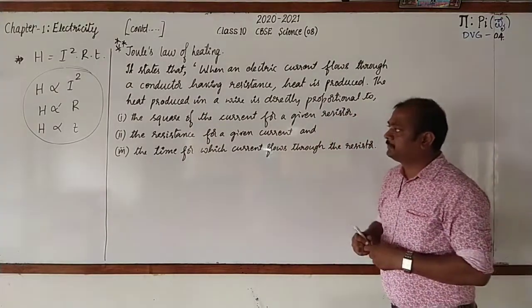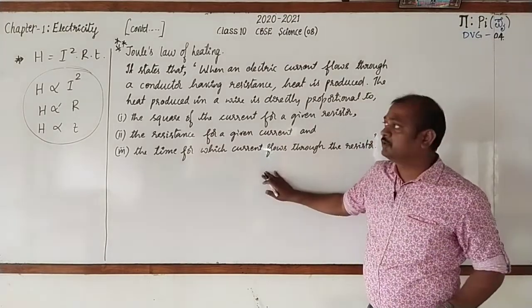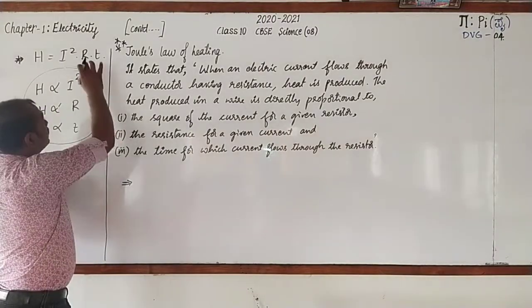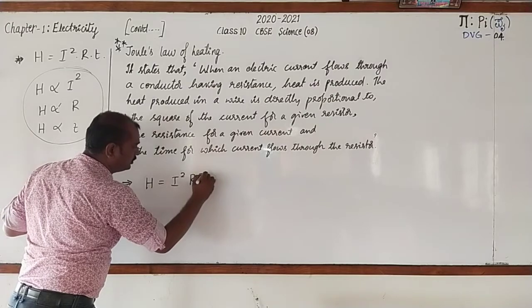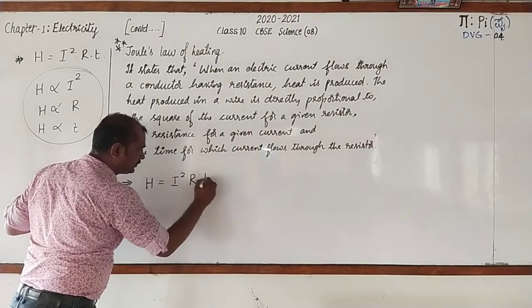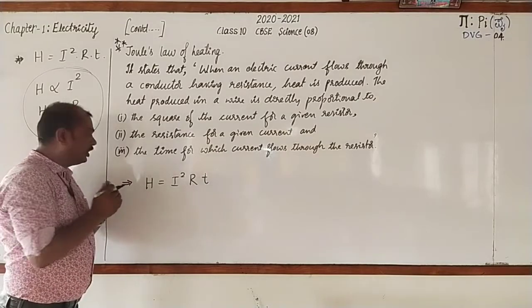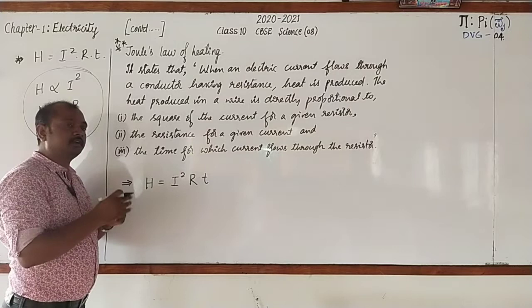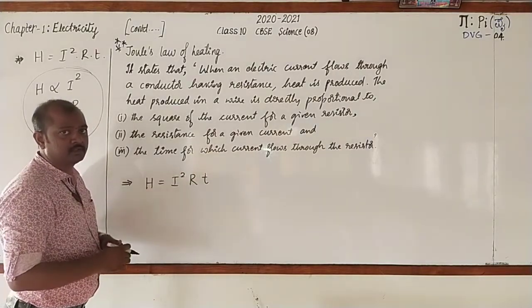Now observe. I'll give you time for writing, just keep observing this. Here I'm going to take the formula again. H is equal to I square into R into T. Now we will come to know how the heat generated increases or decreases as these three physical quantities increase or decrease.